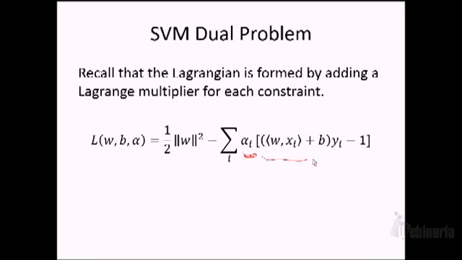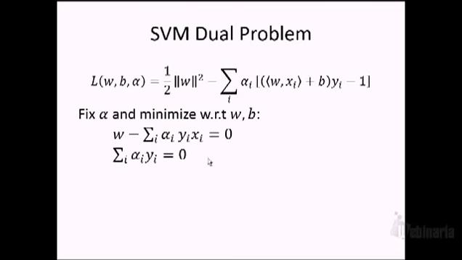So first we take the Lagrangian. So we will add a Lagrange multiplier for each constraint. And remember, this is a greater than or equal constraint, and so we add the Lagrange multipliers with a negative sign. Then let's set the gradient of the Lagrangian with respect to the primal variables to 0. So if we set the gradient with respect to w to 0, we get this condition.